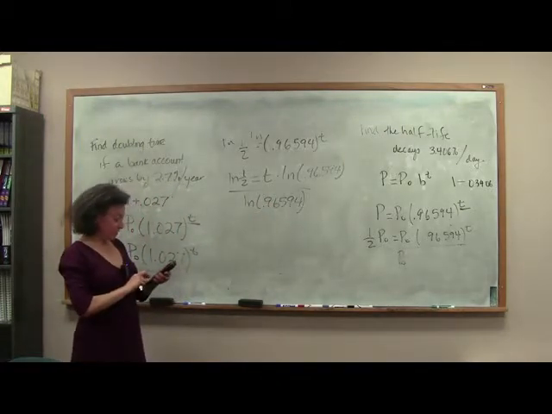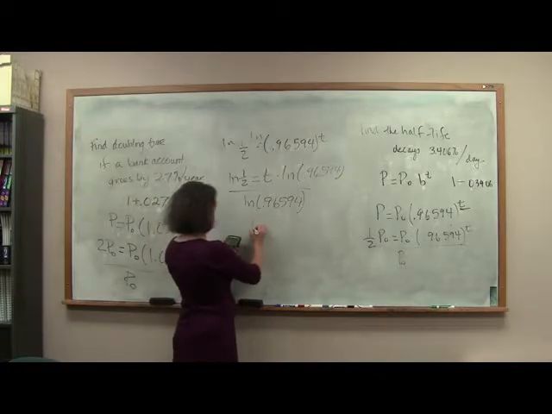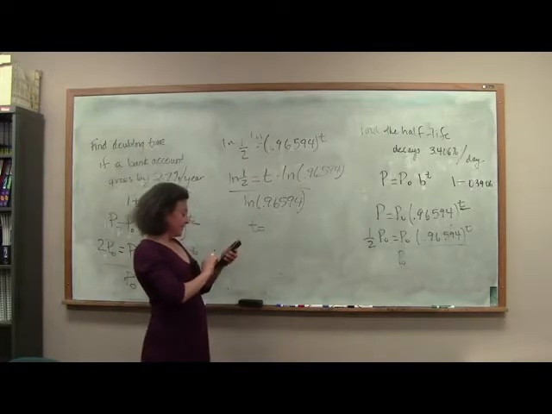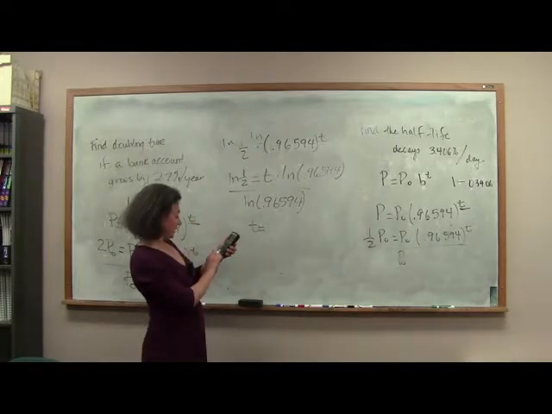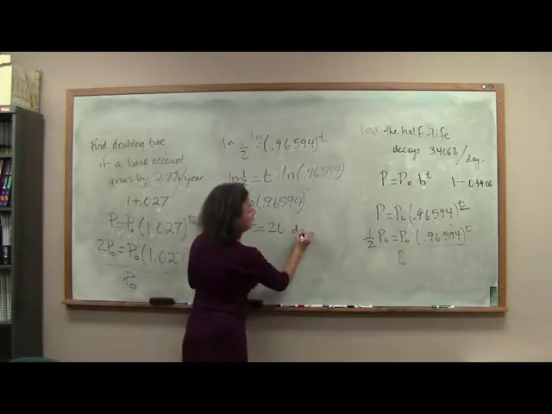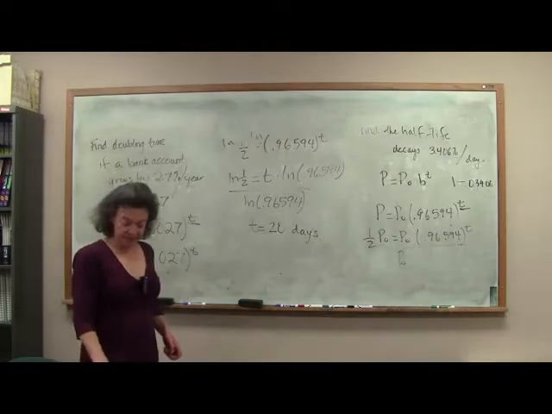So the natural log of 0.5 divided by the natural log of 0.96594. And we get t to be about 20, and this was given in days, so in 20 days.